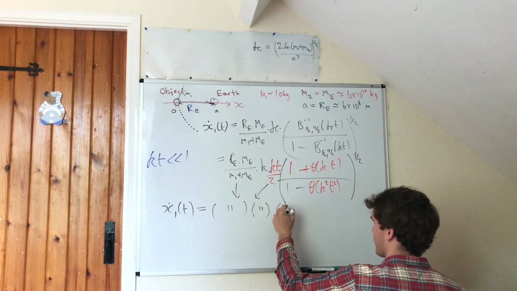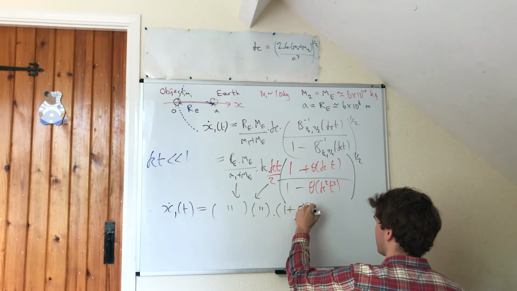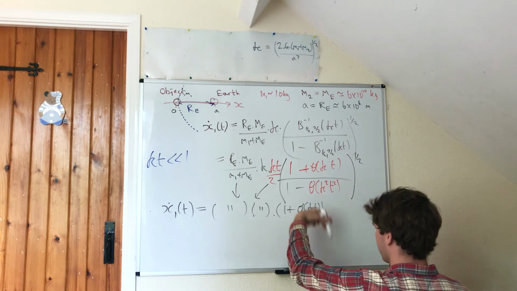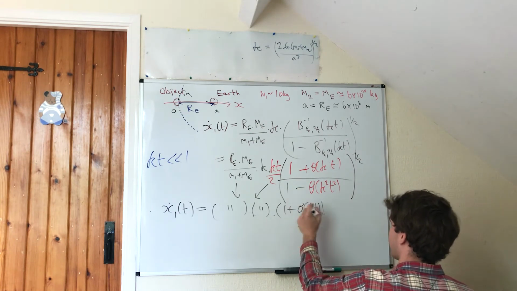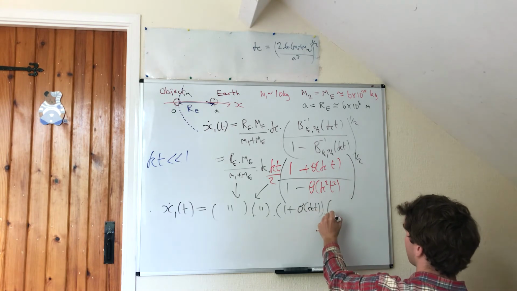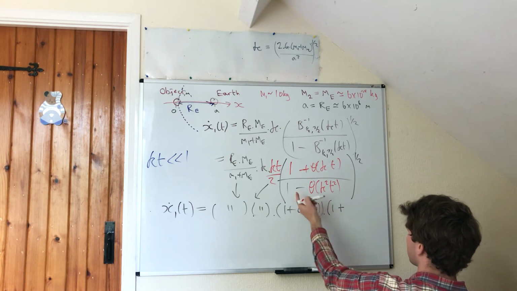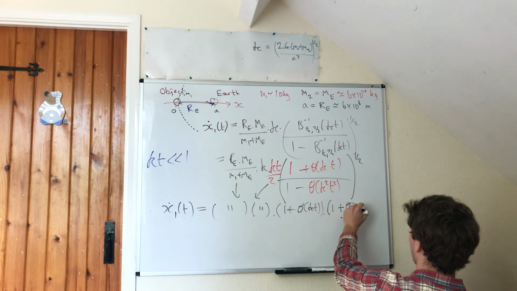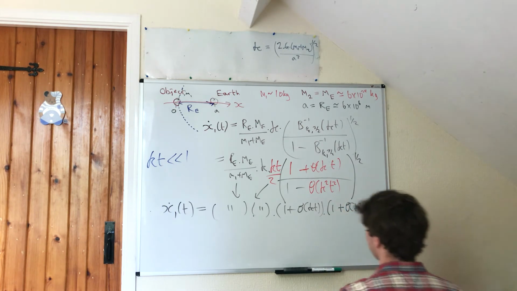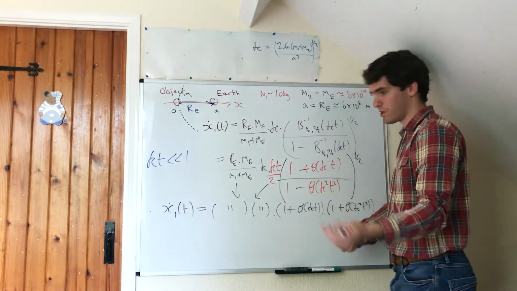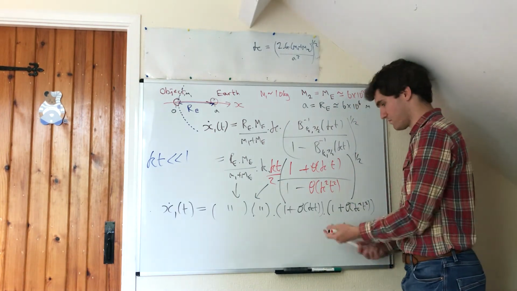Now, if we binomially expand that, that gives us 1 plus order something of the same thing, because you just times it by a half, and that's still of order kappa t, and then it'll be something to the power of minus a half. Now this will be 1 plus, because it's a binomial expansion, something of order kappa squared t squared again, because essentially you can say that this is to the power of minus a half, and then you can do a binomial expansion, and it still gives you something that looks like this.